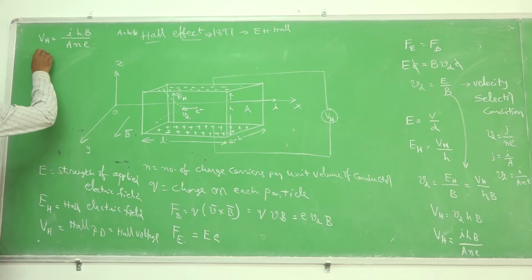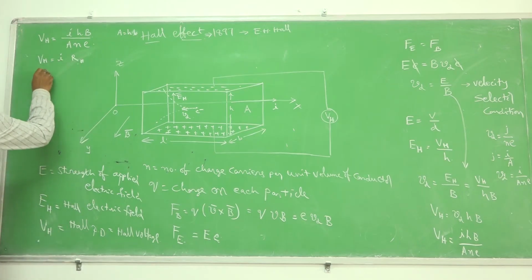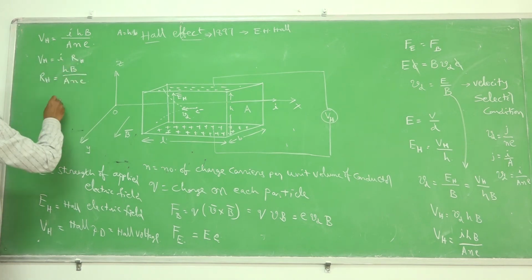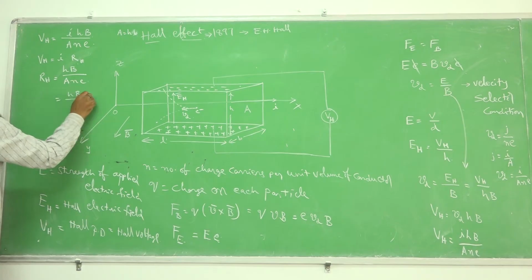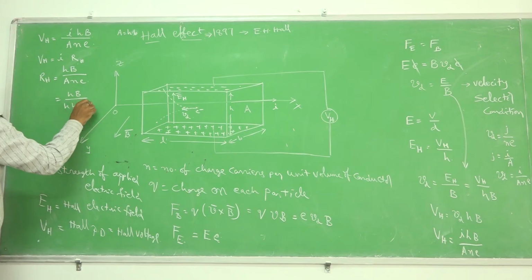You know that V is equal to IR. Hall potential is taken as the product of strength of current into Hall resistance. So Hall resistance is given by h B by A N e. Otherwise, in the place of A, if I write h small b and e, h h cancel, B by b N e.